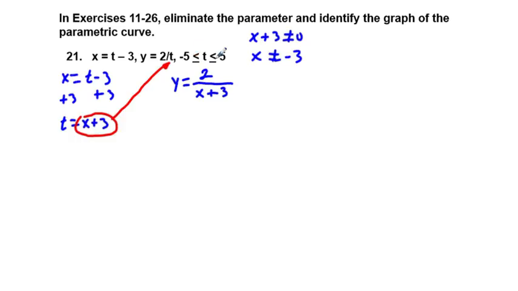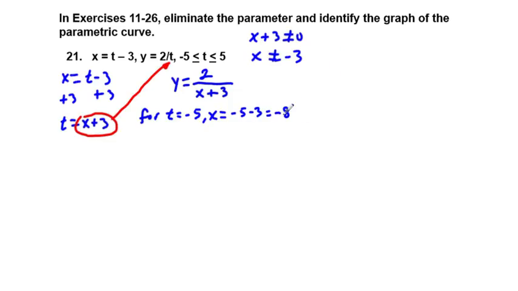But then we have the parameter of time to deal with. And so if we want to start at t equals negative 5, x is going to be equal to negative 5 minus 3 equals negative 8.